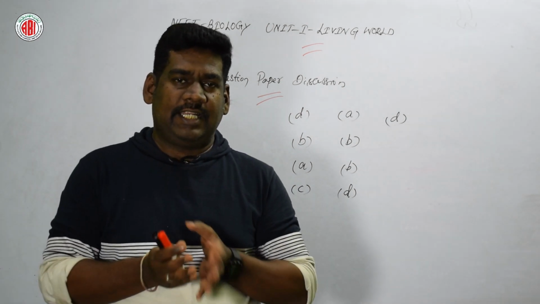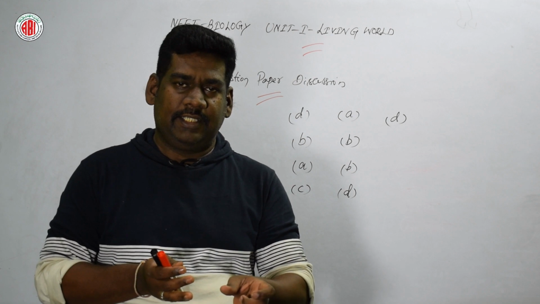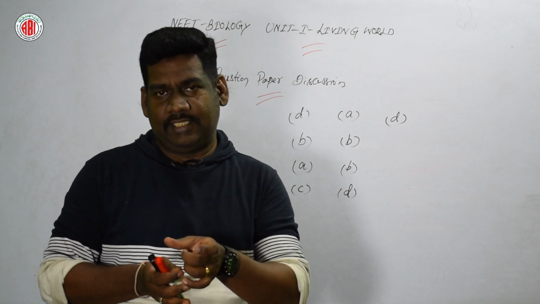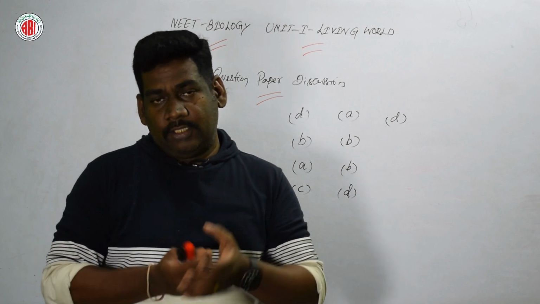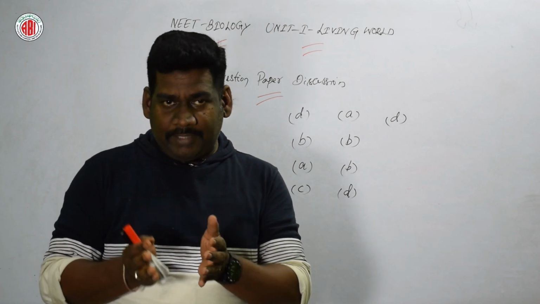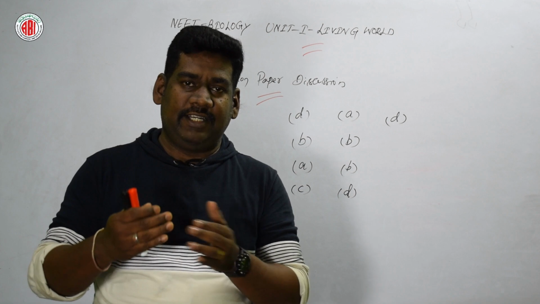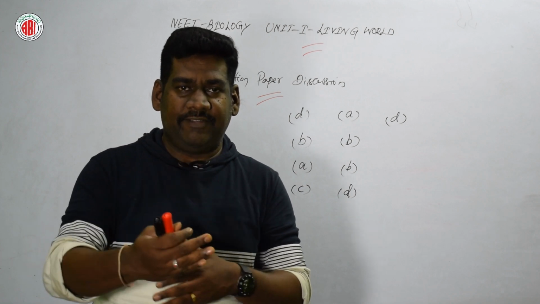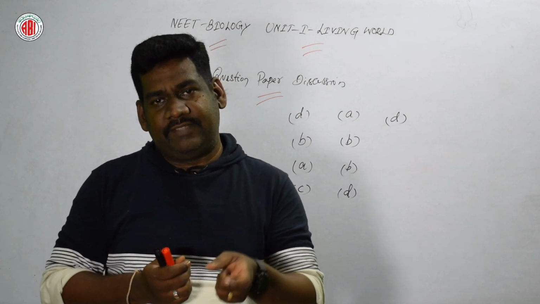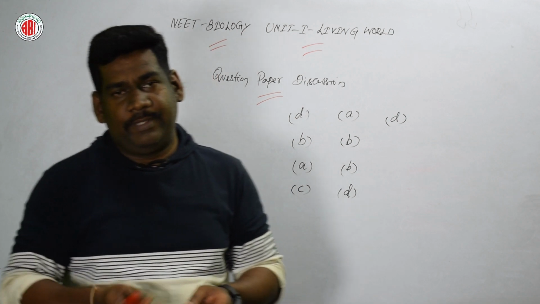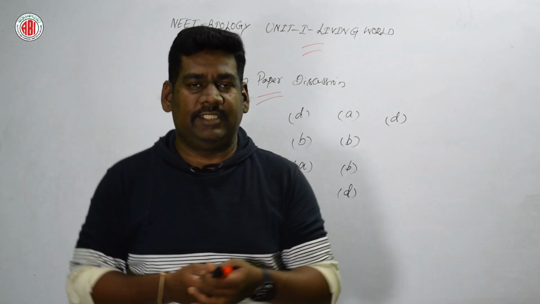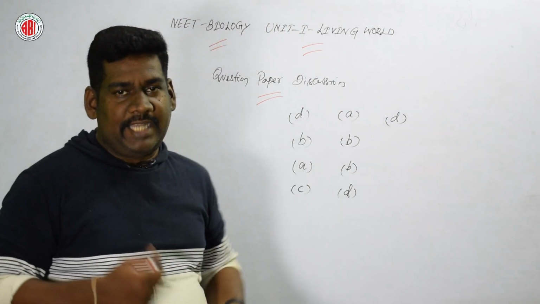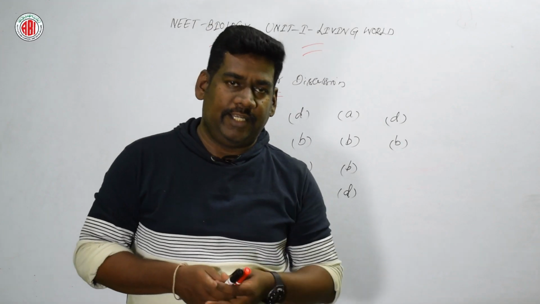Just now we have discussed this, that is taxonomy. Taxonomy is a branch of science which deals with identifying the organism, classifying the organism, followed by naming of the particular organism. So the right answer for this question is option B, taxonomy. Now let us see the next question.